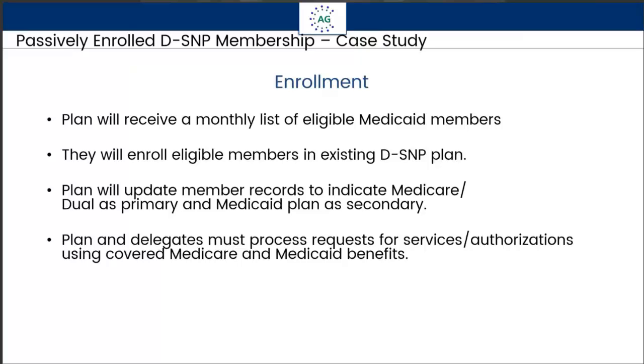The DSNP plan already exists with the members, so these passively enrolled members are going to go into that same plan. The plan will update the member records, indicating Medicare as primary and the Medicaid plan as secondary. Plan and delegates must process requests for services and authorizations using covered Medicare and Medicaid benefits. So again, that's just some of the enrollment things that we needed to look at.